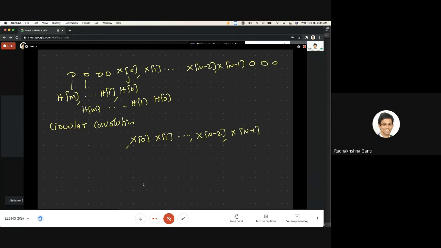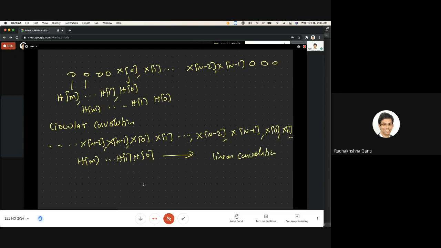So I write my sequence again here: x of n minus 1, x of n minus 2 on this side, and on this side x of 0, x of 1, and so on. Then I put my sequence h0, h1, up to hm, and I do linear convolution. When I repeat one of the sequences periodically and then do linear convolution, I get circular convolution.